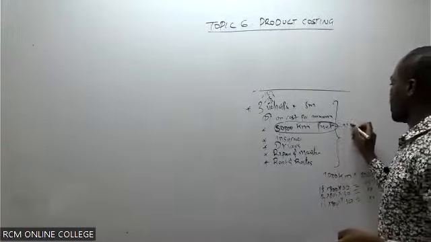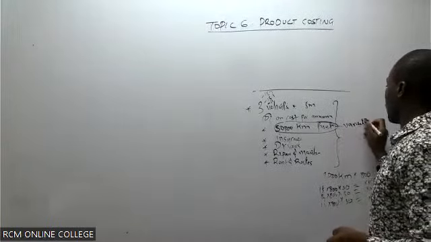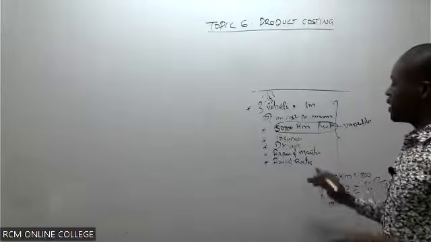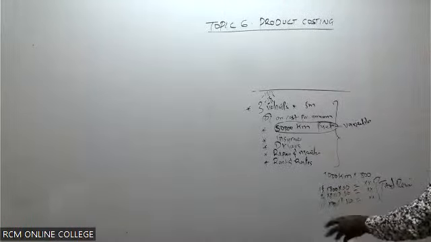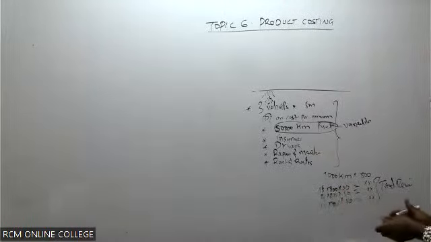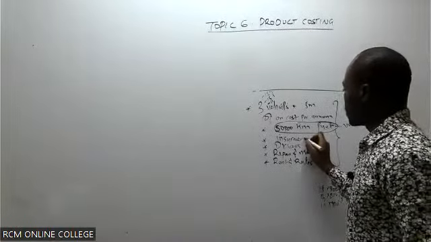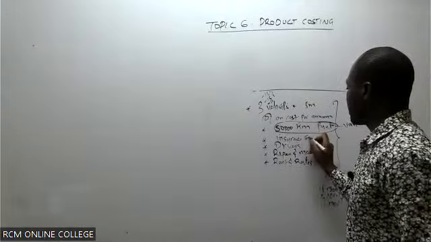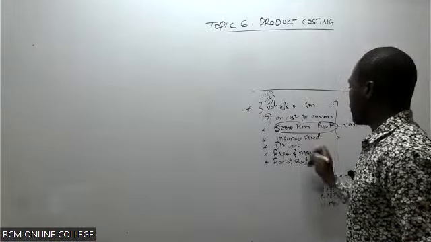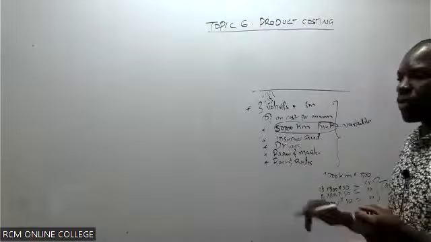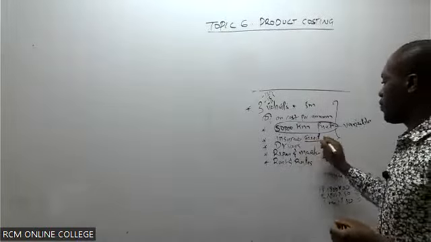So this one we are going to call a variable. It is directly related to the service we are offering, or the cost of offering that service. This insurance, maybe you are taking it once in a year, it is fixed. Whether you are going to use the vehicle on a daily basis or not, it will be fixed.